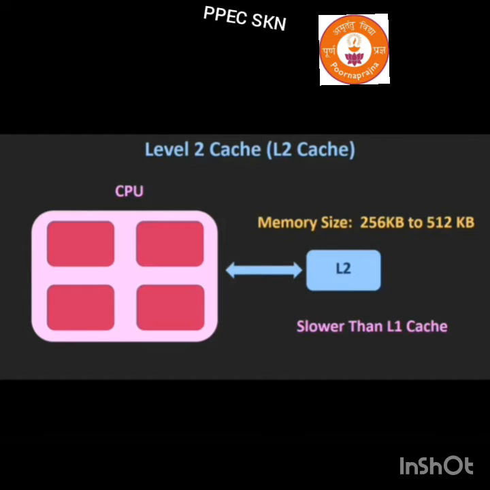If it is outside, it's connected with a high speed bus to the CPU. So the data transfer speed will be higher, and its memory size varies from 256 KB to 512 KB, but this is slower than L1 cache.